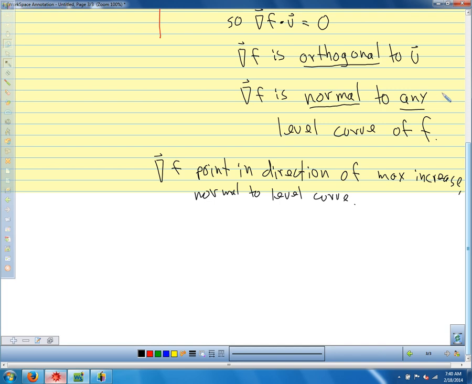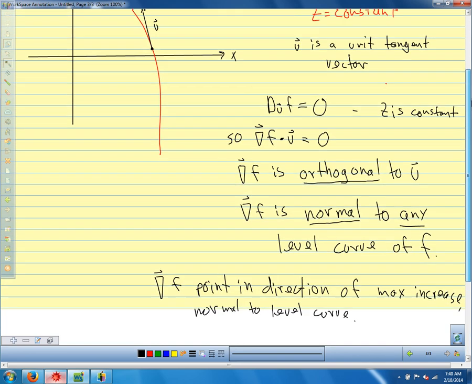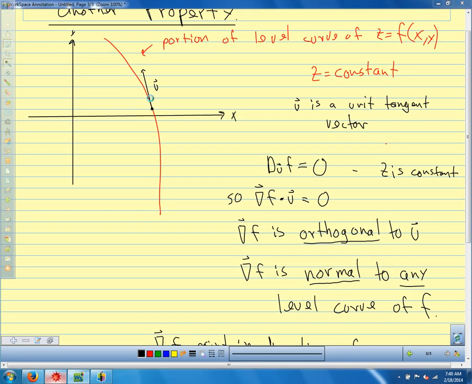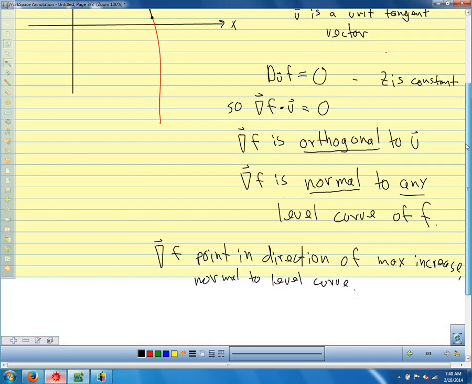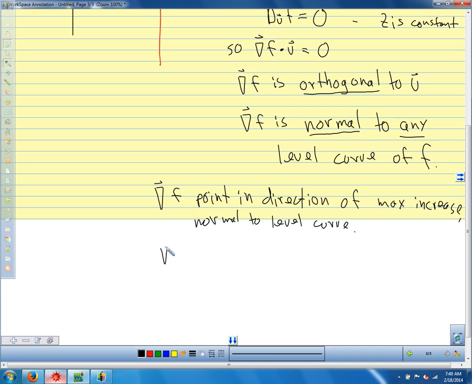And we said that the directional derivative in the direction of a tangent vector to the level curve is 0. There's no change. So if del F is xi plus yj, that's pointing in the direction of the maximum increase, normal to the level curve. What is a vector that points in the direction of 0 increase, if we know our gradient vector?